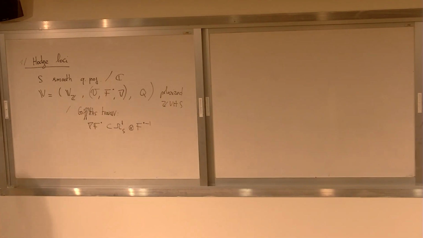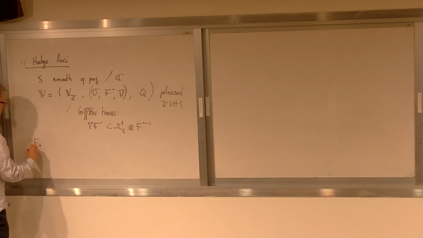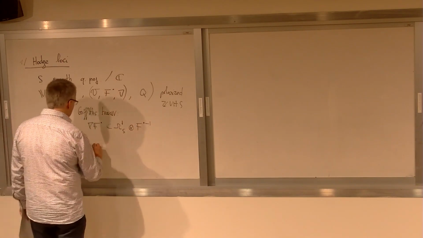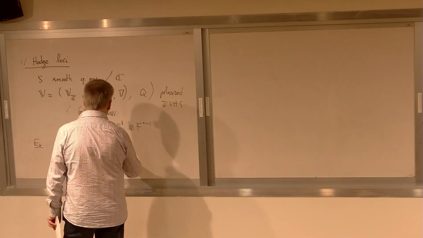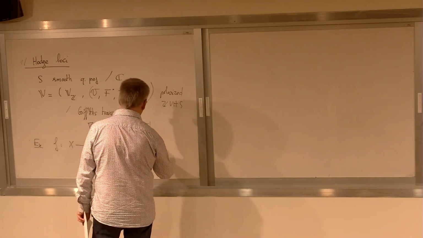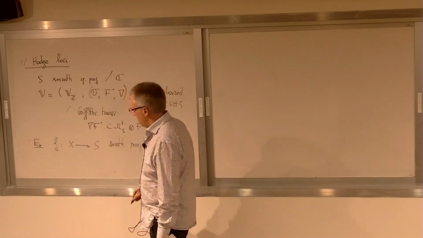And of course, as Griffiths explained, we are motivated by the geometry. This means that the case we are interested in is where we have a smooth projective morphism, so the fibers are smooth projective algebraic varieties.